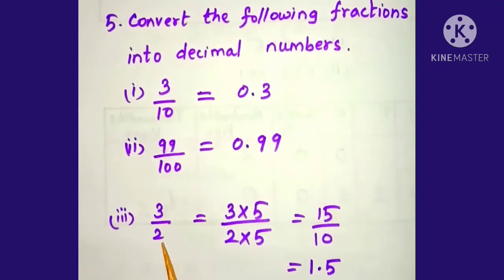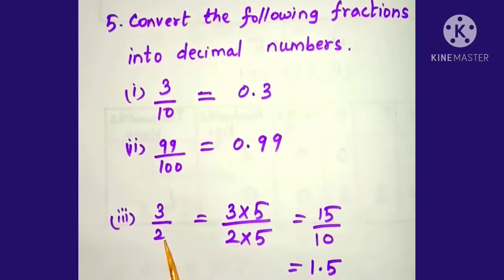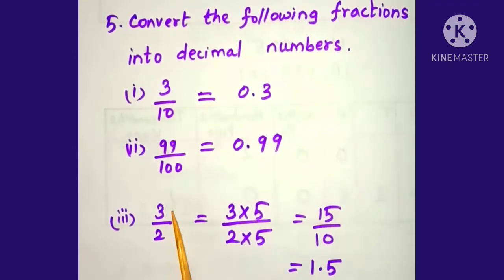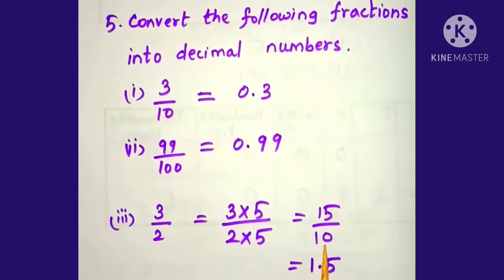So here when we make the denominator 10, it is easy to convert the fraction to a decimal number. So multiply and divide by 5. That is 3 into 5 over 2 into 5. So when we multiply 5 with 2, we get the denominator as 10. And 3 into 5 is 15. So now the denominator becomes 10.